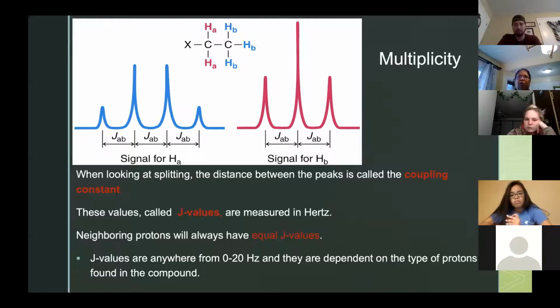Now look at the one on the right, the red one. You see a triplet. Do you also see the ratio 1 to 2 to 1? Look at the heights. Where is this coming from? This is the peak for the methyl group, but the splitting is due to its neighbors.